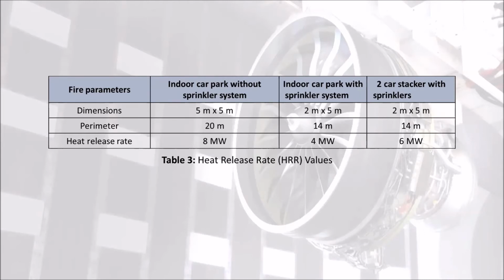The amount of energy released during a vehicle fire varies with time, and in this table, it shows the heat release rates for different parking conditions according to standards. In this study, there is also a sprinkler system in the parking lot. So car fire heat release rate can be defined as 4 megawatt in the CFD model according to international standards.